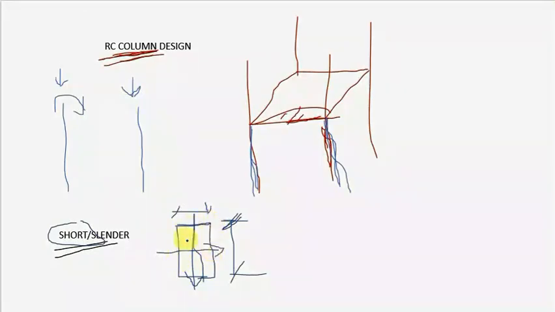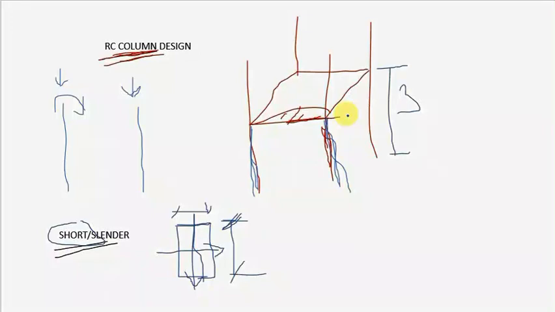For example, let's say we have a column which is 3 meters in height, and you want to know whether this column is short or slender. Number one thing is you have to find the effective length of this column. What is effective length?